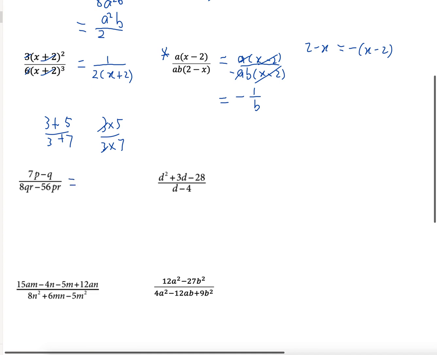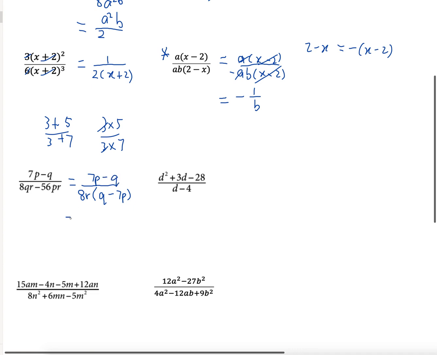Now the numerator is 7p minus q. So this gives us an idea that there should be a 7p minus q in the denominator. So looking at the denominator, when we take out 8r, which is the common factor, we have q minus 7p. Now note that the order is again different.